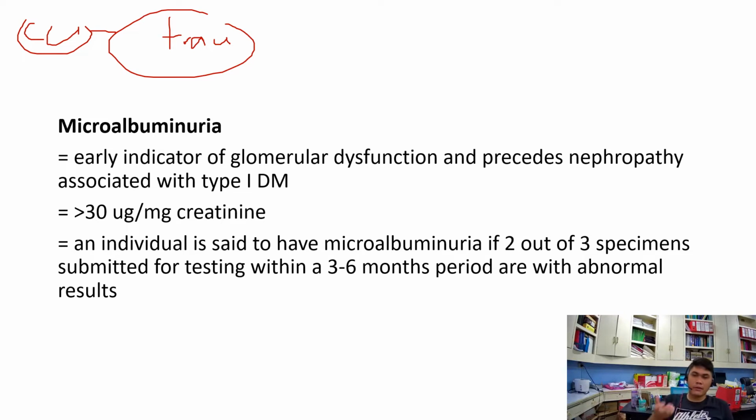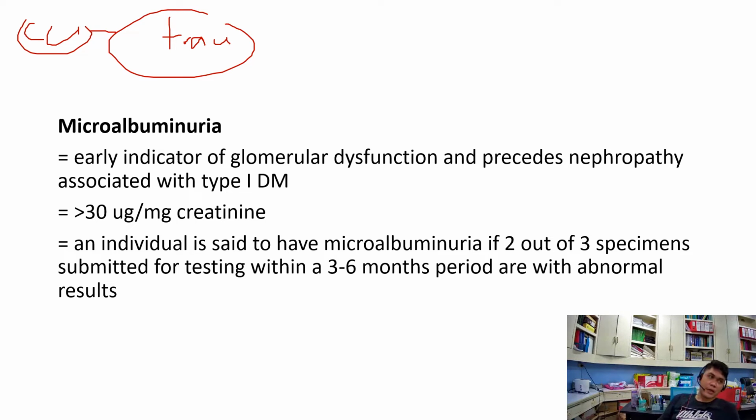Now, regarding a trace result of proteins, if you exercised within a 24-hour period before the collection of the urine specimen, usually you'll have a trace result. Another cause of a trace result of protein in your chemical urinalysis is fever or infection. So you'll have your trace result.